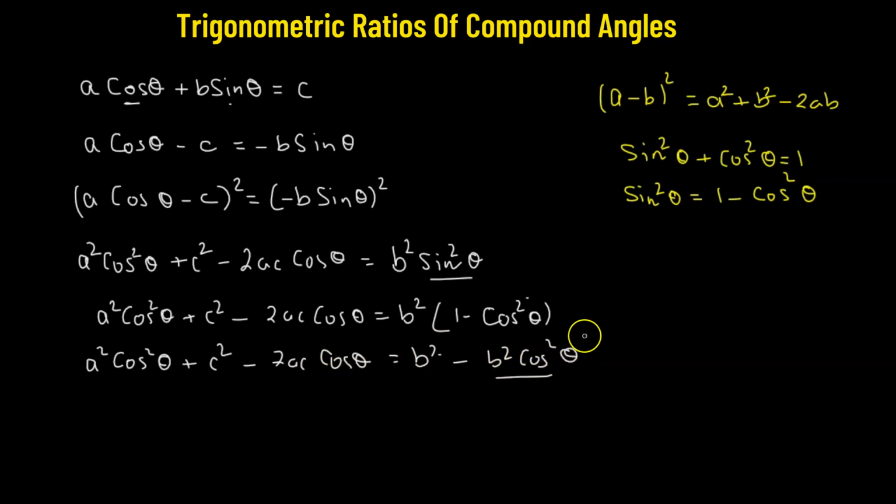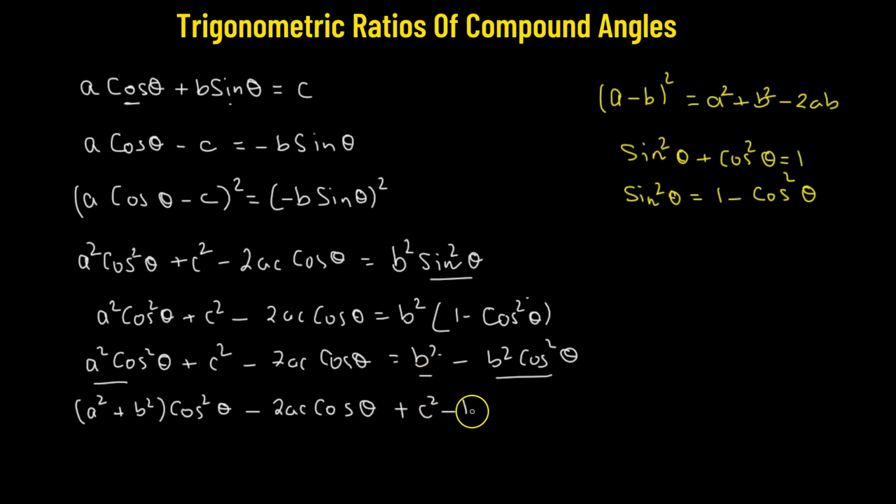We'll transpose b squared cosine squared theta and combine it with a squared cosine squared theta on the left hand side. So we get a squared plus b squared multiplied by cosine squared theta, then negative 2ac times cosine theta, then positive c squared. We'll transpose b squared also, so we have c squared minus b squared equals 0.